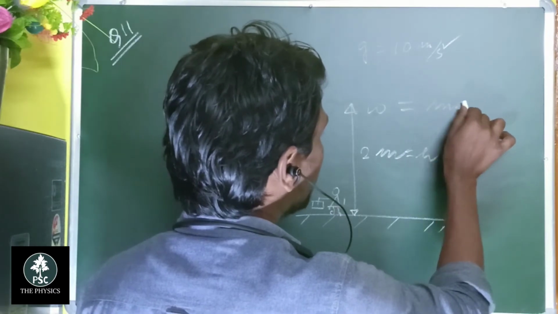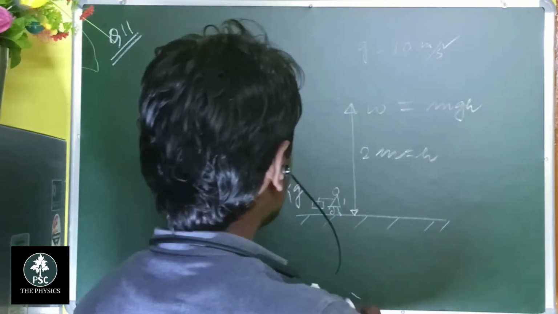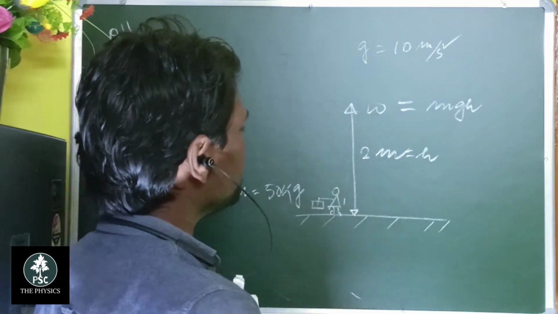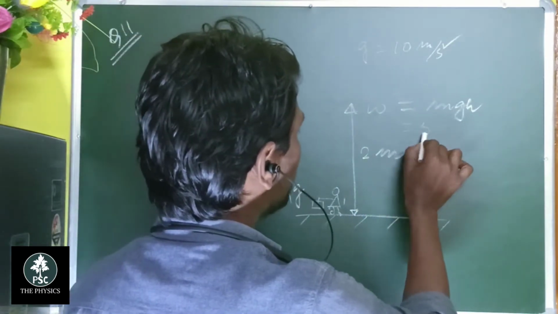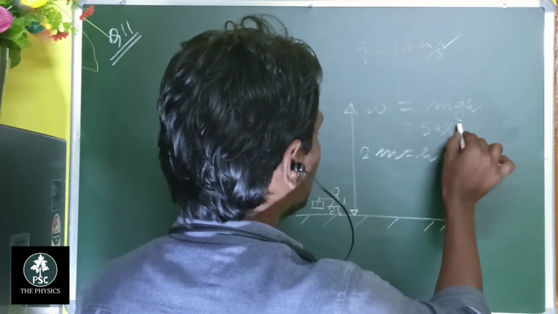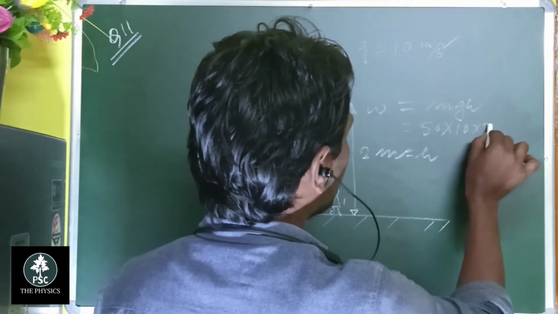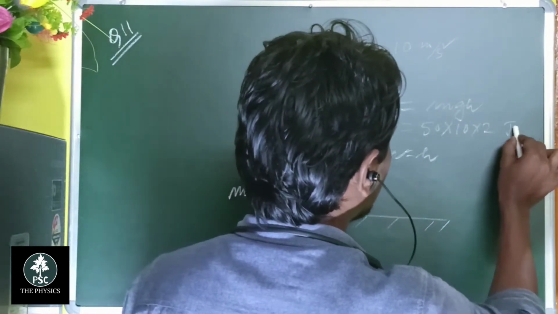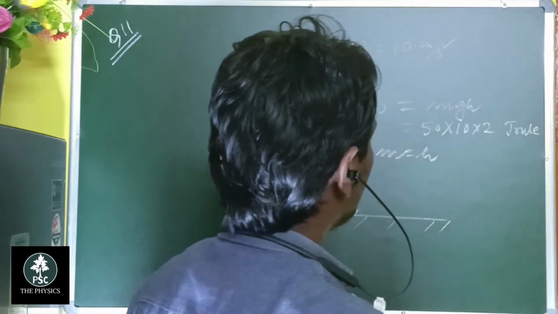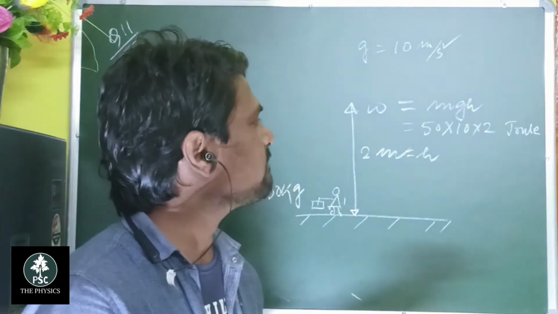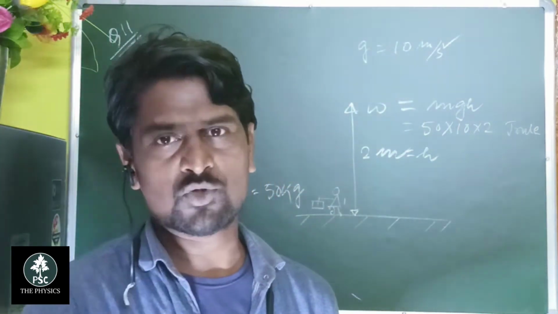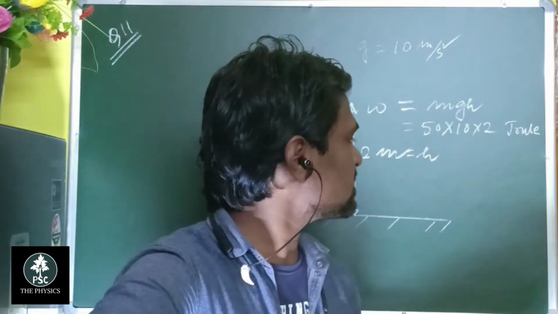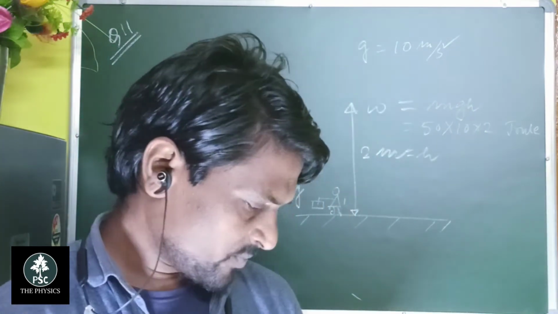In place of m you write 50, and in place of g and h: 50 into 10 into 2 joule. This is the work done, mgh or F into s, as the force acts downward and you have to raise the box up to a height of 2 meter.